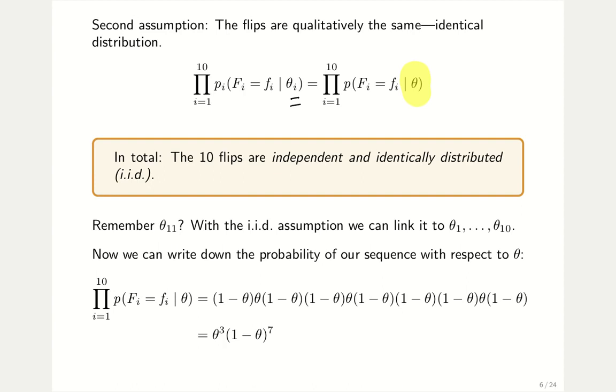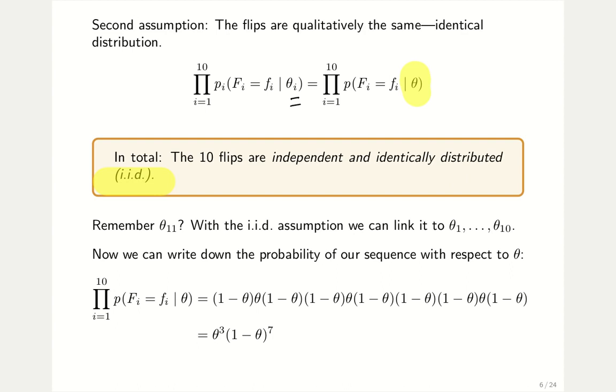So we have independence and identical distribution, and often what you only see is this shorthand notation, this abbreviation IID. If you hear someone say, my data is IID, what they mean is, I'm assuming this data was gathered from a process that is independent and that is identical in distribution.